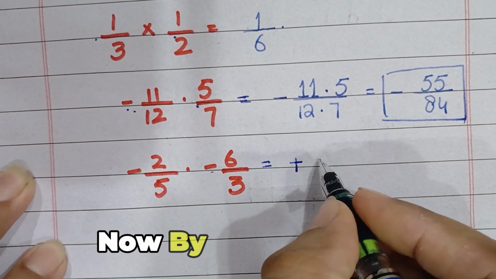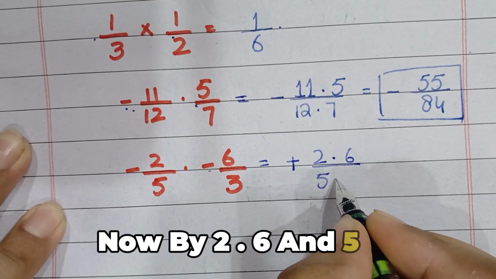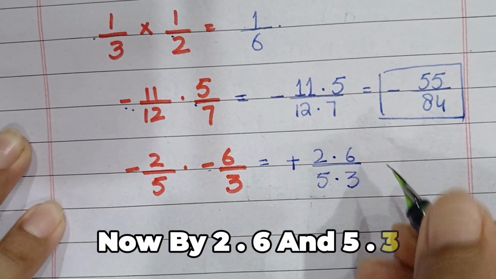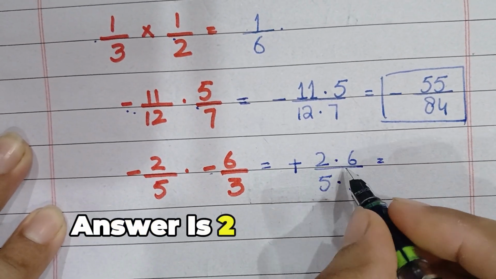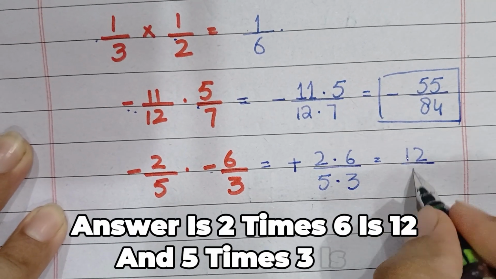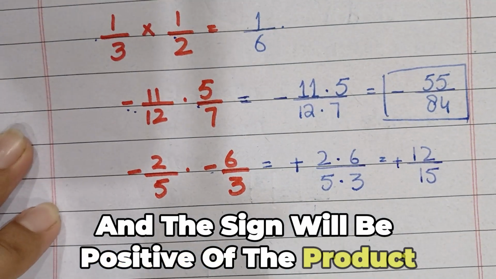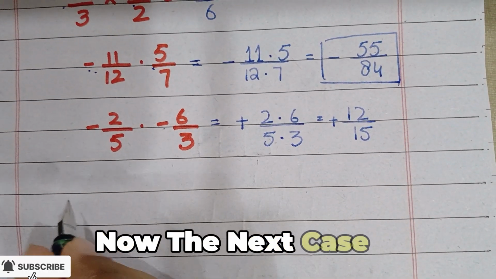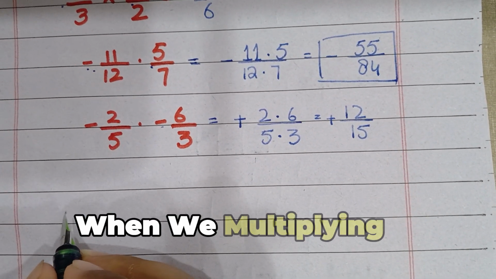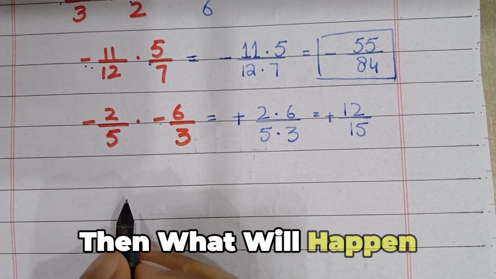Now multiplying 2 by 6 and 5 by 3, 2 times 6 is 12 and 5 times 3 is 15, and the sign of the product will be positive.